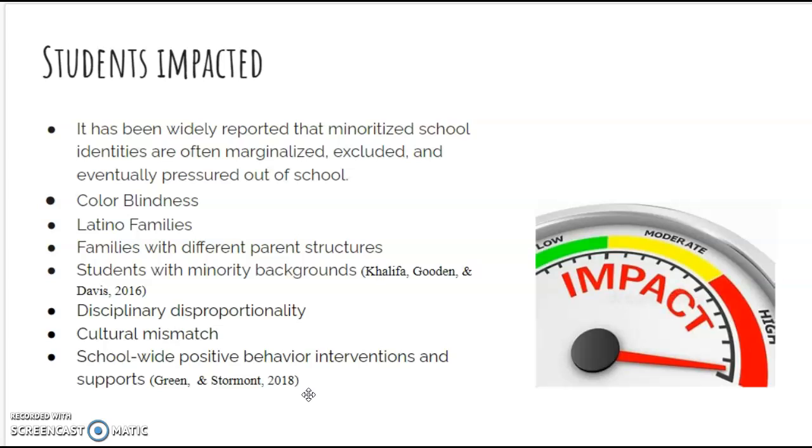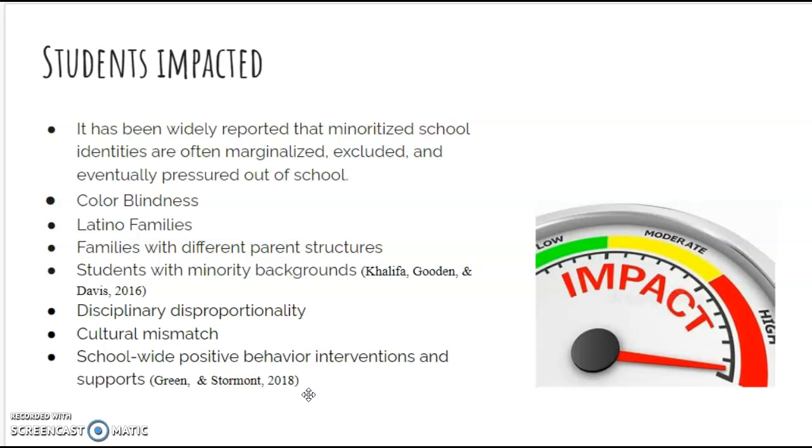Students that are impacted. It's widely reported that minoritized students often identify as marginalized, excluded, and eventually get pressured out of school. We see issues with color blindness whenever teachers are not embracing different cultures. They're trying to just see everyone as one color, as one culture, and they're trying to not single anyone out, but in turn end up doing just that. We see a lot of statistics surrounding Latino families that are impacted. We have families with different parent structures, students with minority backgrounds.